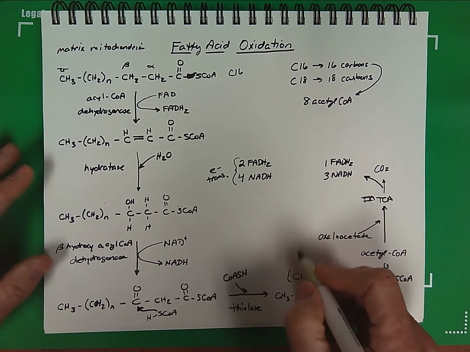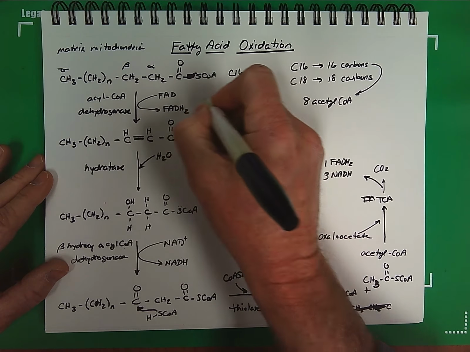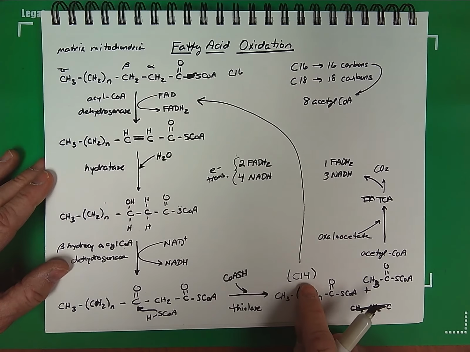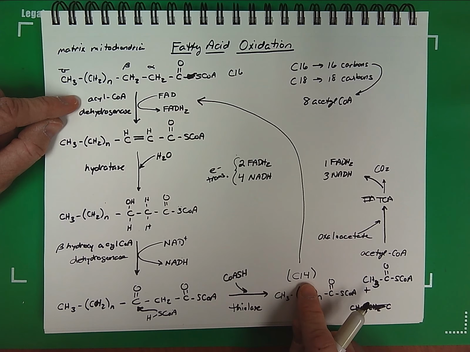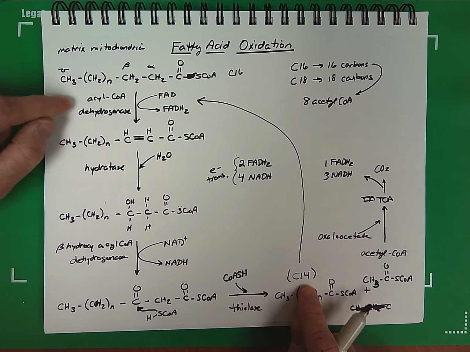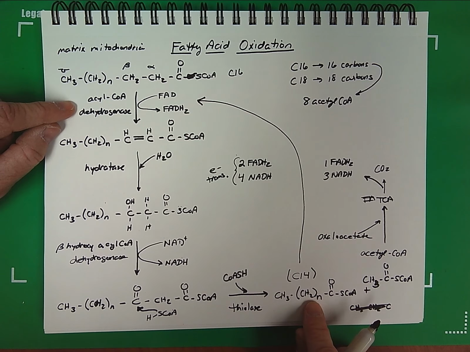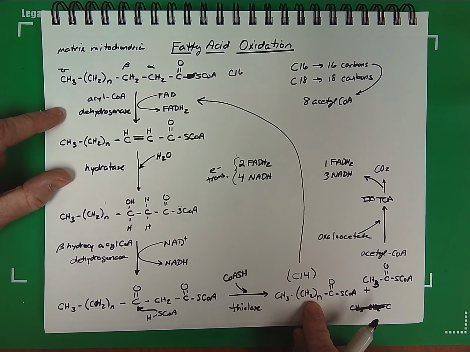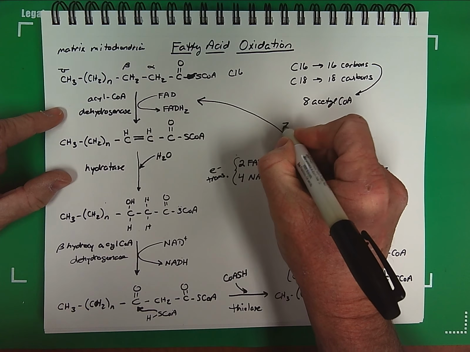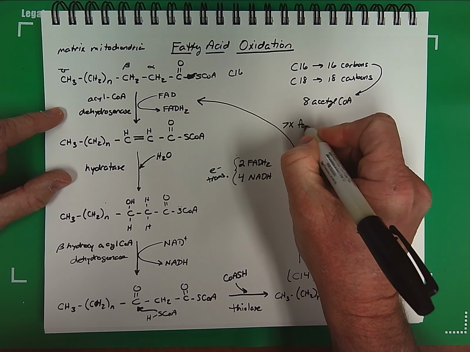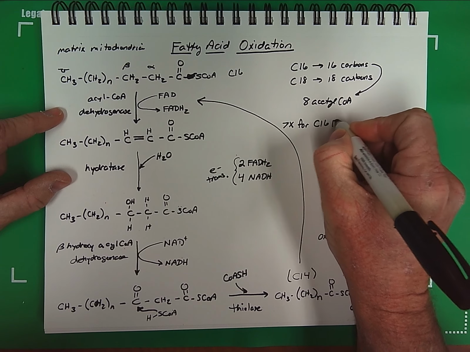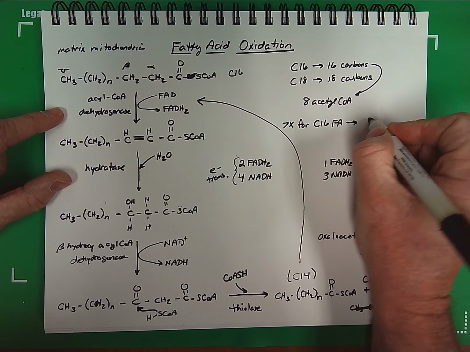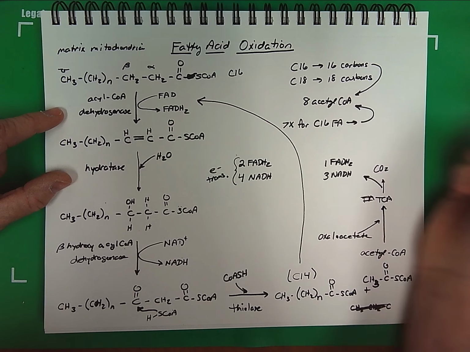We take this C14 molecule and we place it back into the oxidation cycle by the acyl-CoA dehydrogenase to begin oxidizing the new beta carbon of the C14. So we go through this particular round of beta oxidation a total of 7 times for a C16 fatty acid to generate our 8 acetyl-CoAs.